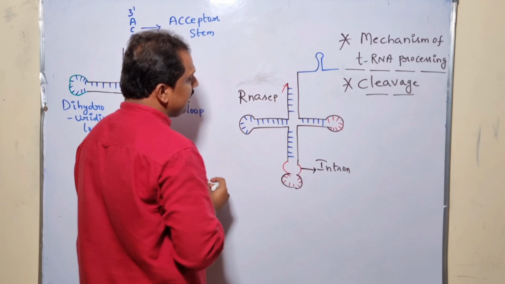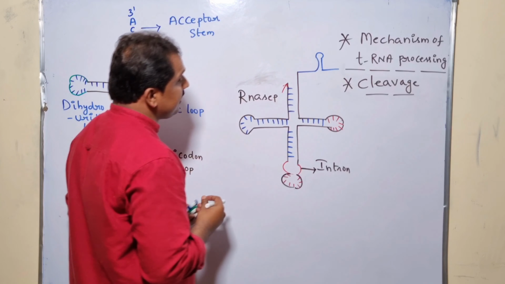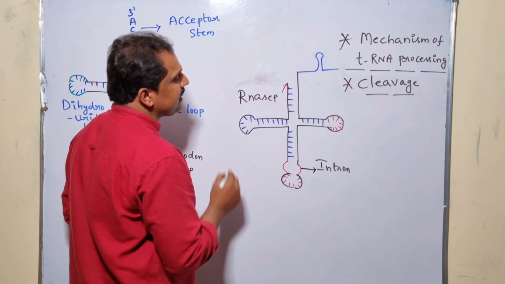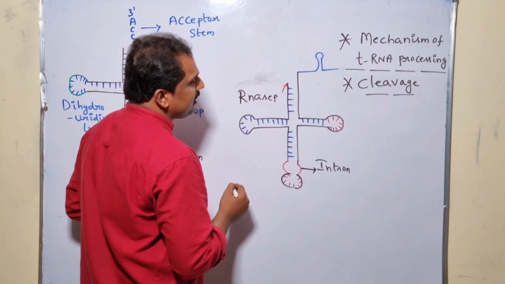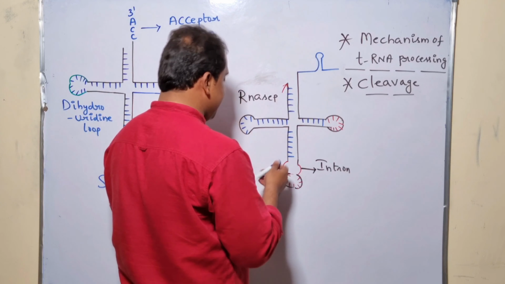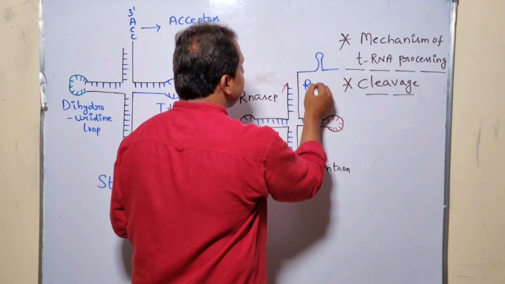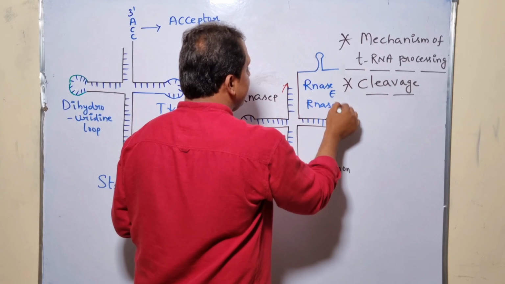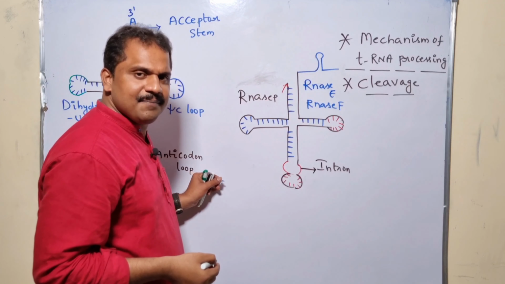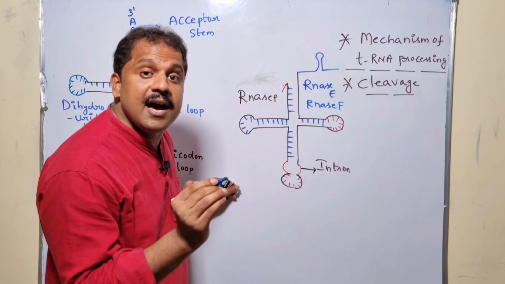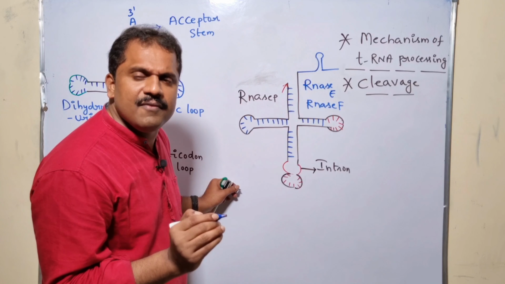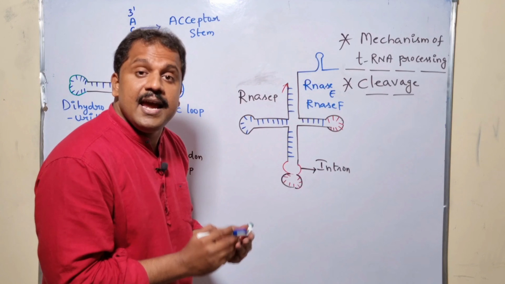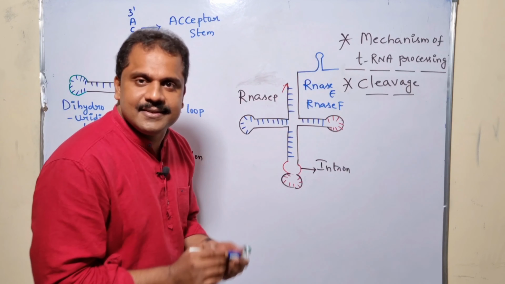After the successful cleaving of the extra nucleotides by RNase P, the tRNA processing mechanism takes the advantage of some more other endonucleases like RNase E and RNase F. Is it clear? So here RNase E and RNase F play a prominent role for the successful cleaving of the extra nucleotides synthesized at the extreme 3' end of the tRNA structure.